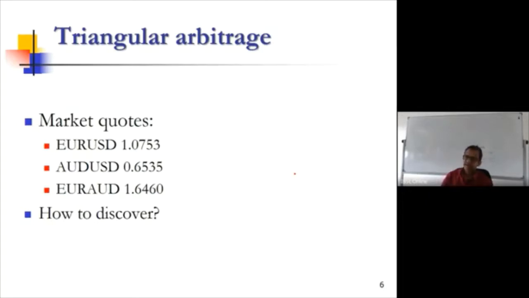In the market, you can see these three quotes. Euro dollar is quoted at 1.0753. Aussie dollar is quoted at 0.6535. And the Euro AUD cross is quoted at 1.6460.